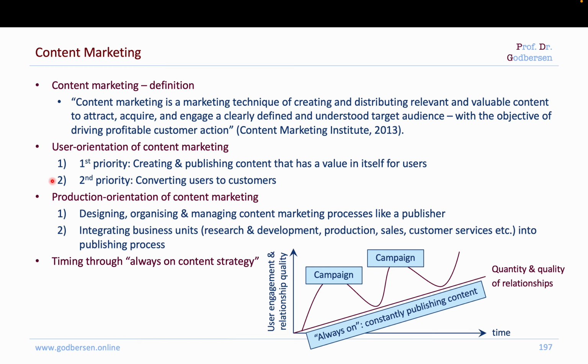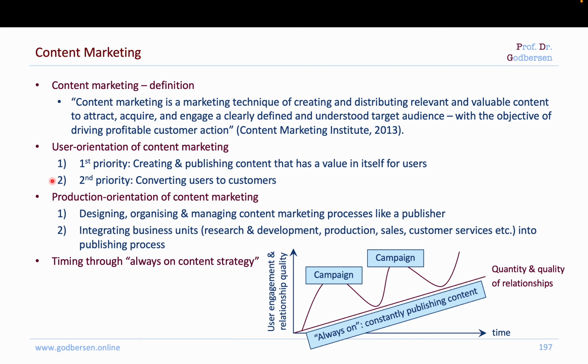Secondly, only then you look, how can I convert users from this content I'm providing to be customers buying my brand? This is important. Content marketing is not just a communication channel through which you tell people how great your brand is. It is rather a valuable product in itself. And then you attach the conversion to buying your brand.